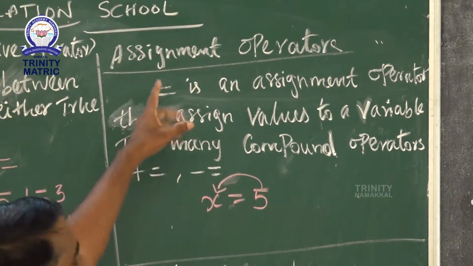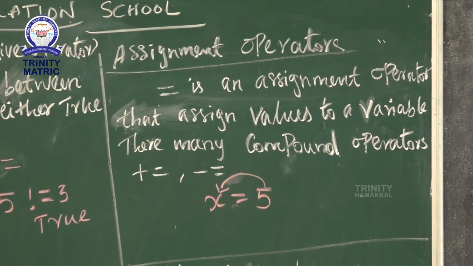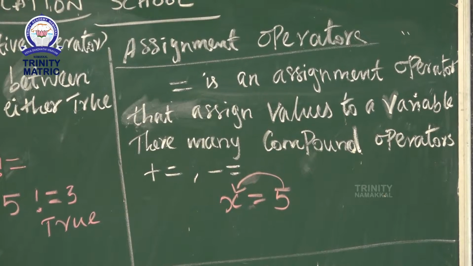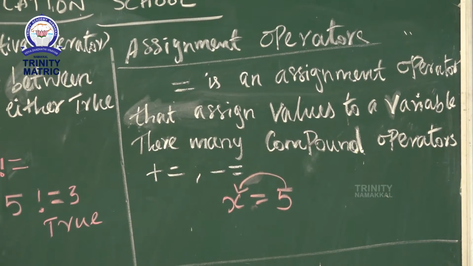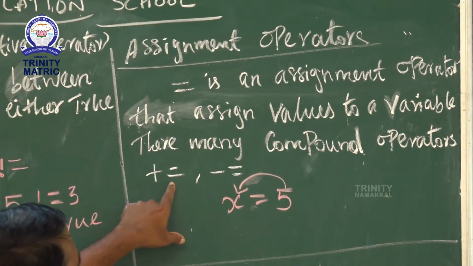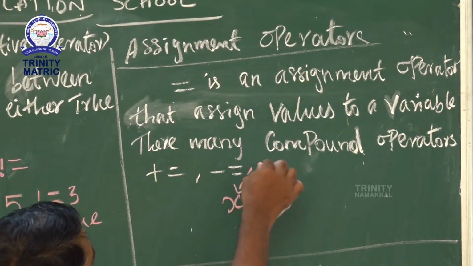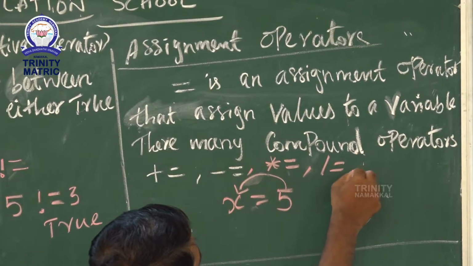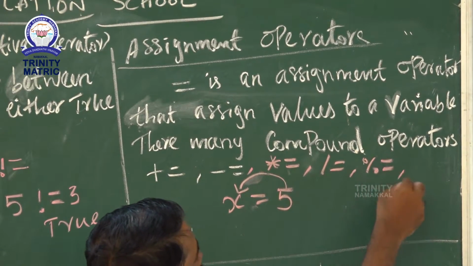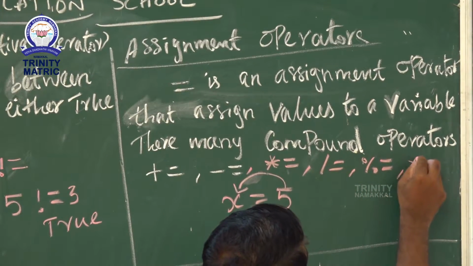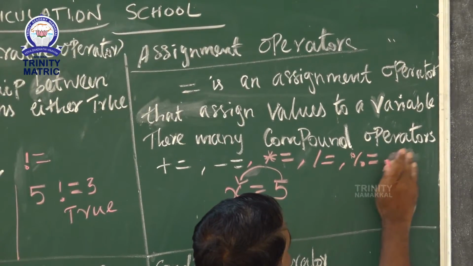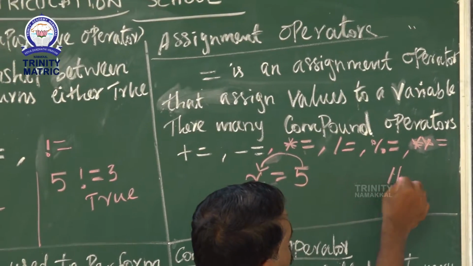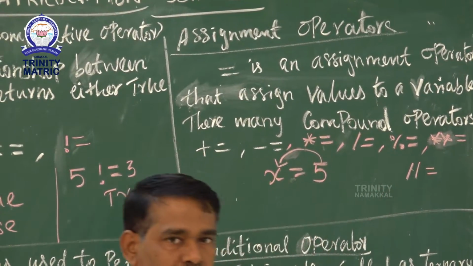In addition to this assignment operator, there are many compound operators, that means shorthand assignment operators, such as plus equal, minus equal, star equal, slash equal, percentage equal, double star equal, and floor equal.